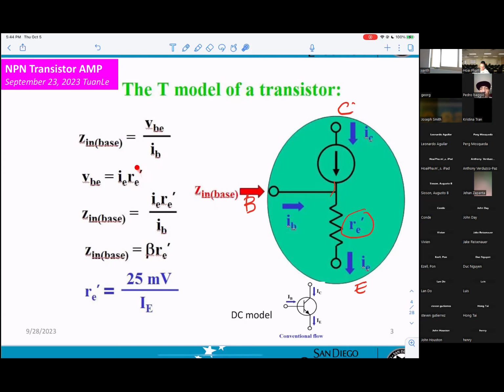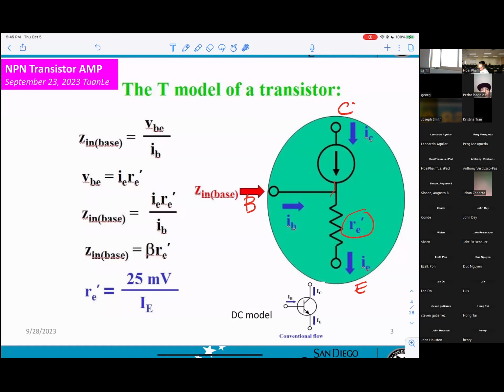Okay, that is VE, that means the voltage from the base to the emitter. So that will be telling you Z in base equal V_be. Now you substitute IE times r'e divided by IB.